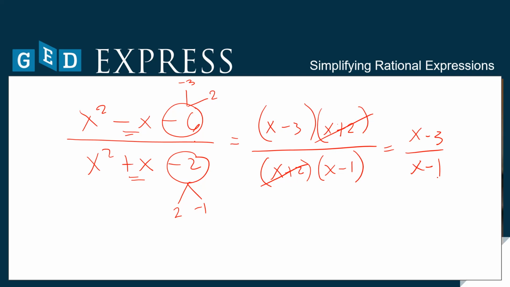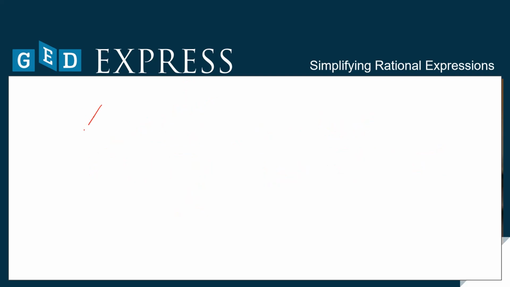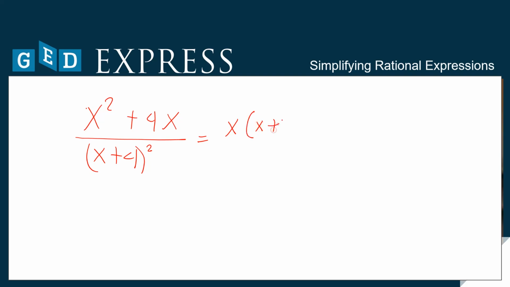Let's try another example. x squared plus 4x over x plus 4 squared. Okay, factor out. The numerator can be factored by looking for the GCF, and the GCF is x. Then we have x times x plus 4.